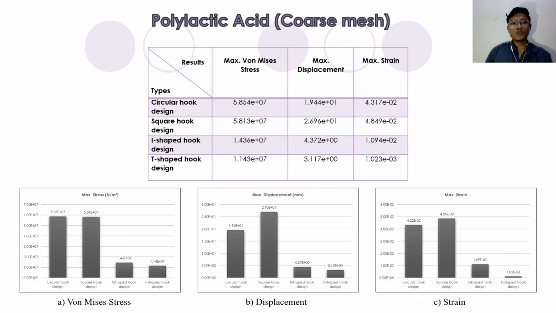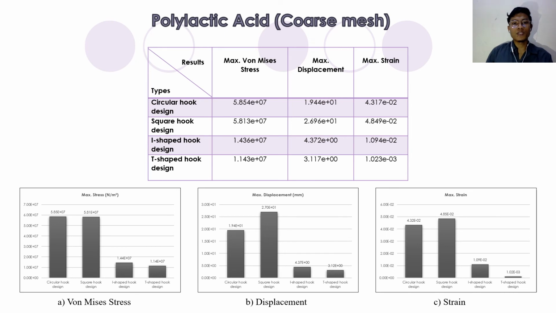And the slide shows the result for coarse mesh of polylactic acid. The highest von Mises stress is at circular shape, which is 5.854 times 10 to the power of 7, while the lowest is T shape with 1.143 times 10 to the power of 7.